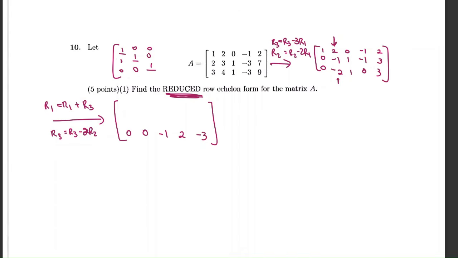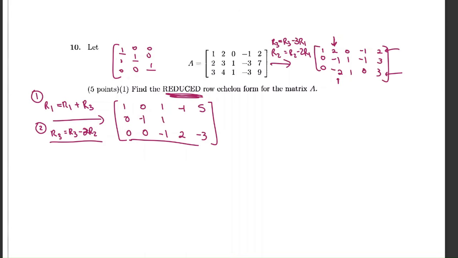Okay, I did this a bit out of order, so I'm going to first do this and then do this. Row 1 equals row 1 plus row 3 means I'm going to add these two rows together, and that's going to give me 1, 0, 1, -1, 5. And then I'm going to do row 3 equals row 3 minus 2 times row 2, and that's going to give me this new R3. Sorry, that was a bit confusing.